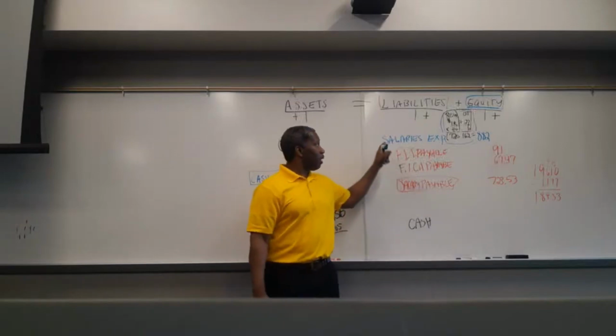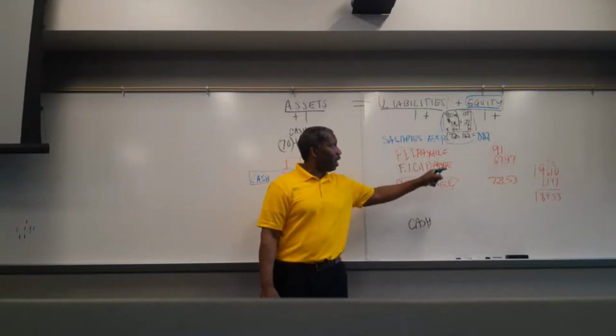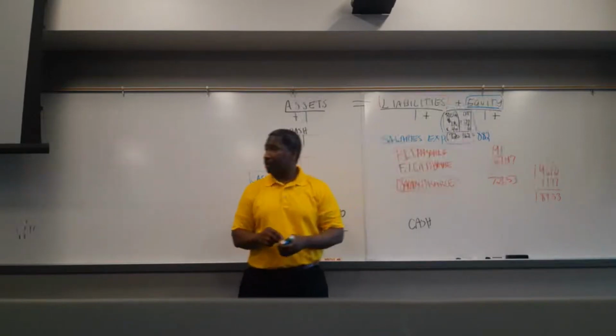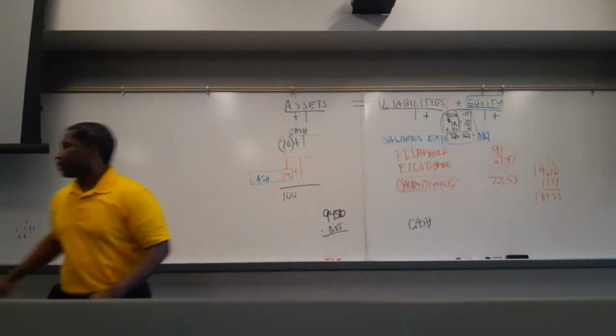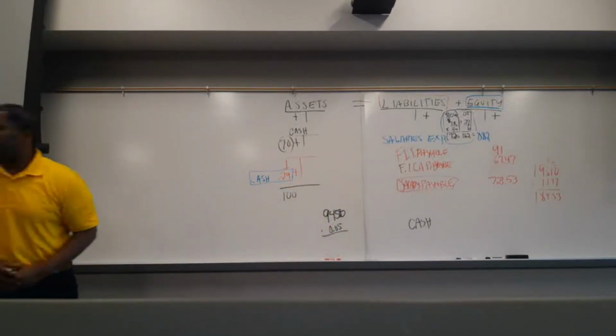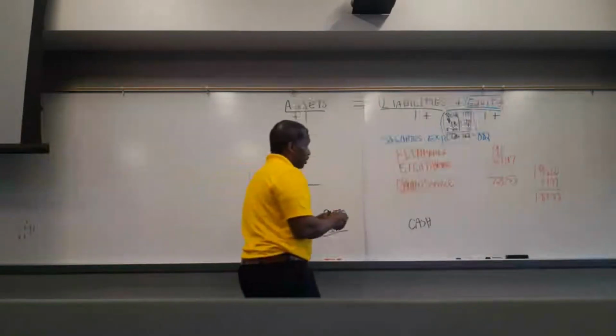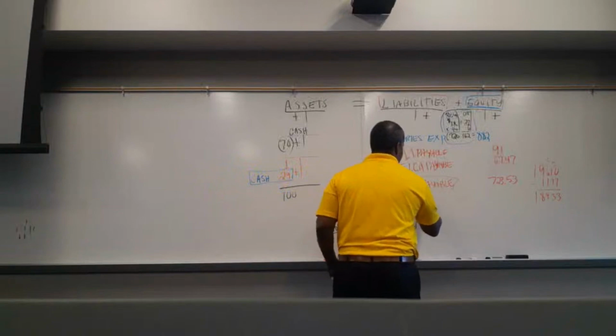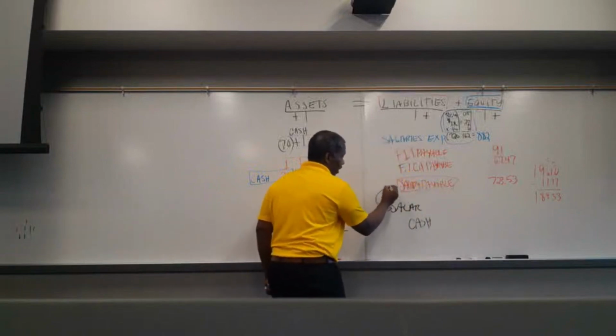If you have an employee, you have to do all of this, right? And then you have to come back and pay it out. You have to pay out the actual amount to the person. So you have another journal entry. Salary payable, I'm going to reverse that part right there.